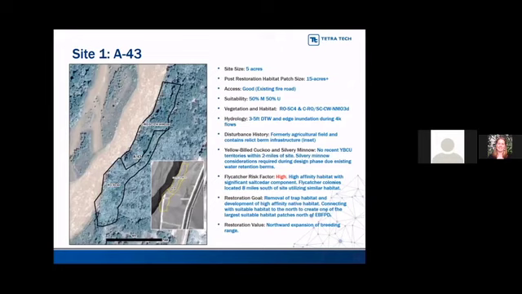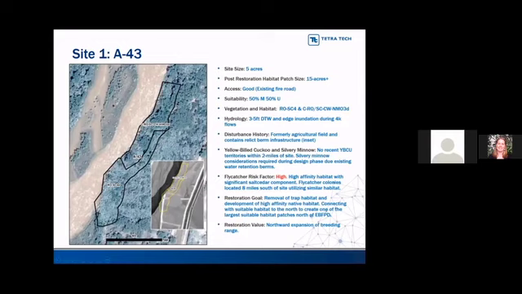So we're looking at the site size and post-restoration habitat patch size. It was a really big one, so we want to create large habitat patches that allow for large populations. And we also get into the vegetation, habitat, hydrology, and disturbance history.